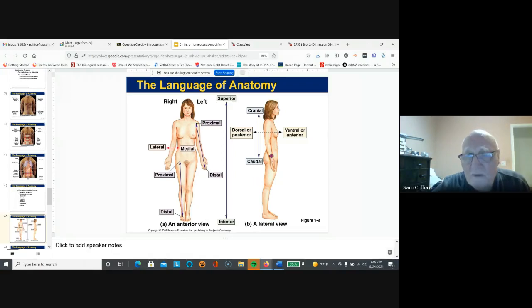If you look at a side view, you can have the back, dorsal or posterior, the stomach, ventral or anterior, toward the cranium, toward the rear.